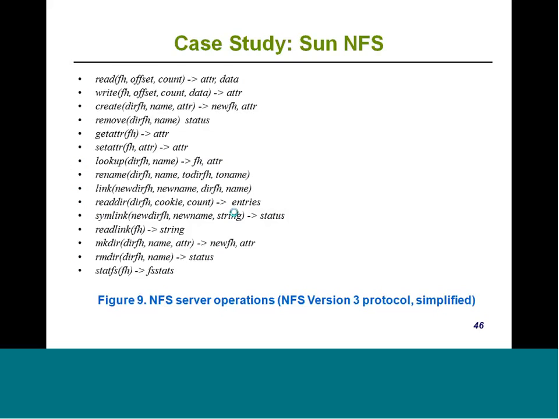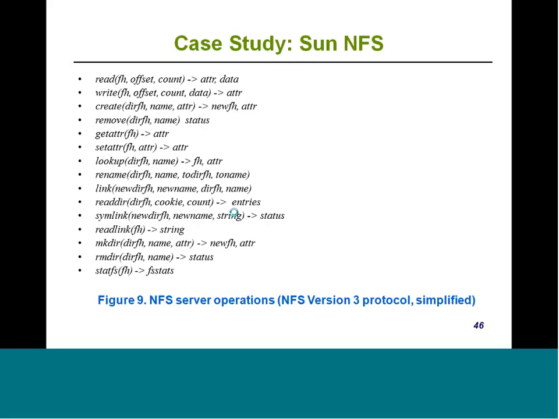Symlink is a symbolic link, or a soft link, which ties a file to another, new name, and then returns just the status. The readlink command takes a file handle and returns a string, which gives the expanded link path.